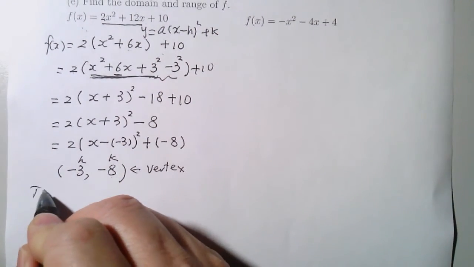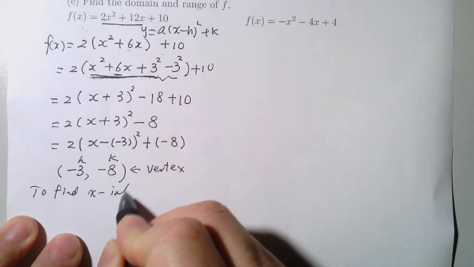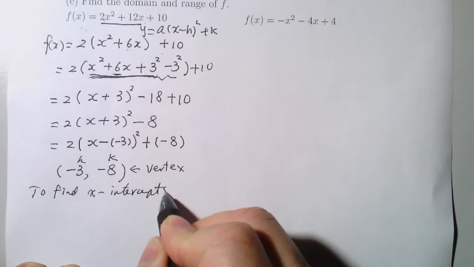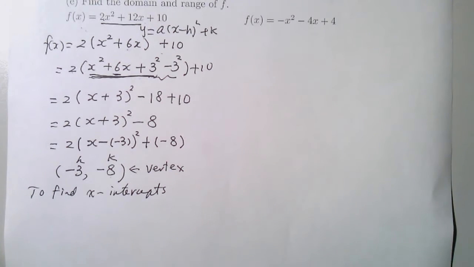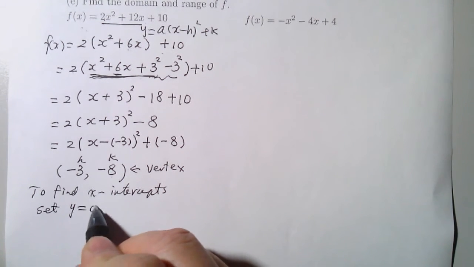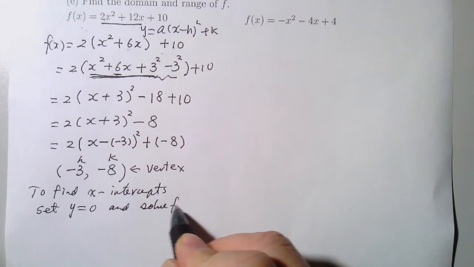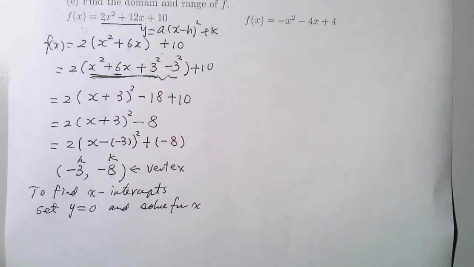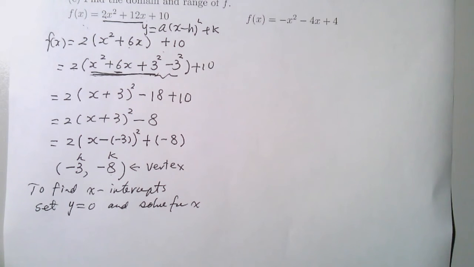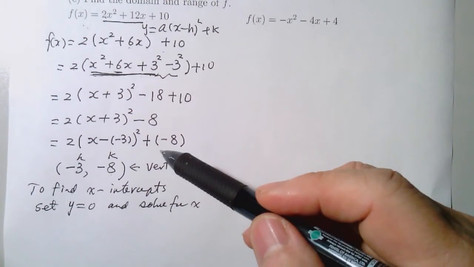To find the x-intercept, we set y equal to 0 and solve for x. So what we can do here is, as we mentioned, we can either use the general form or standard form.